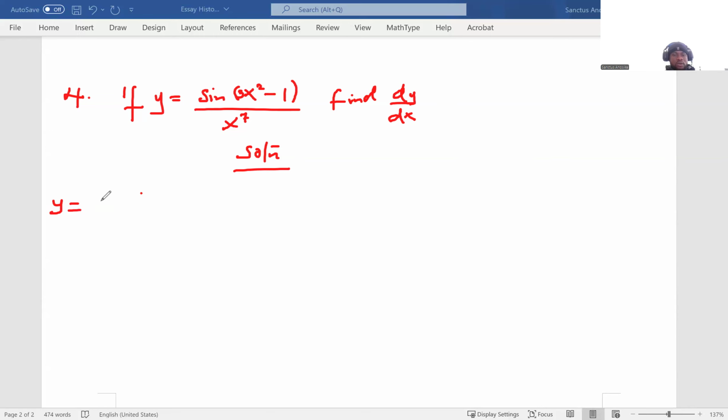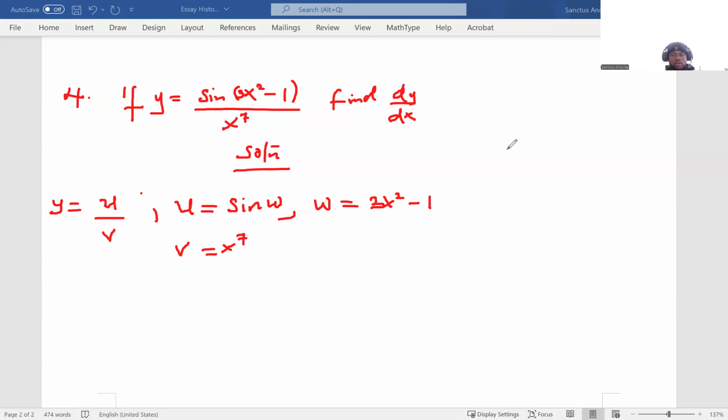Our y will be u over v. Okay, and then our u is sine w. Okay, you see how I'm opening it up? Sine w, where our w is 3x squared minus 1. And then our v is x to the power 7.